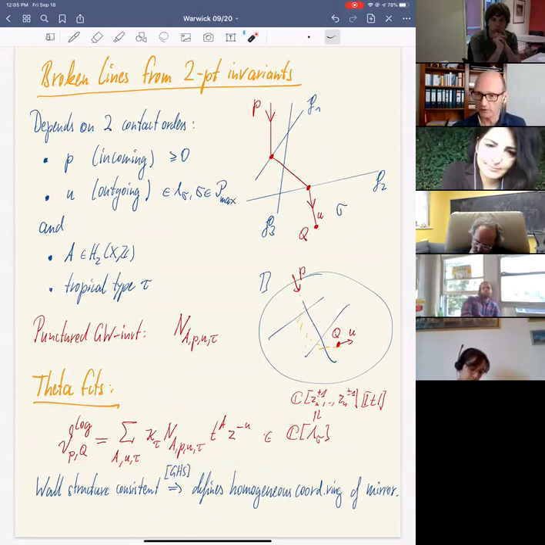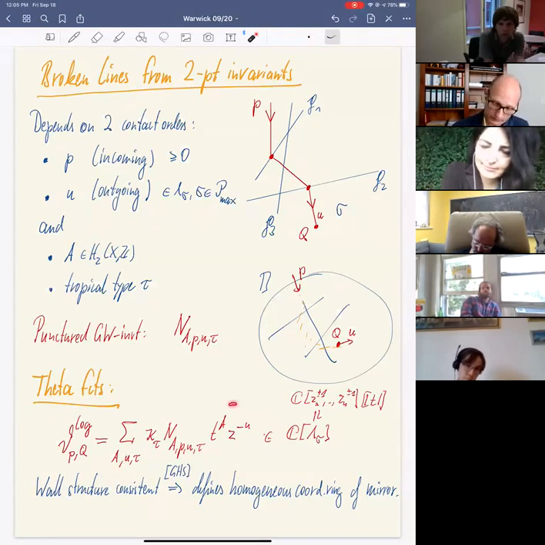Okay, I'm not going to tell anything more. I want to view this as a black box. Okay, so I'm just saying, once you have a consistent wall structure, you get a mirror.